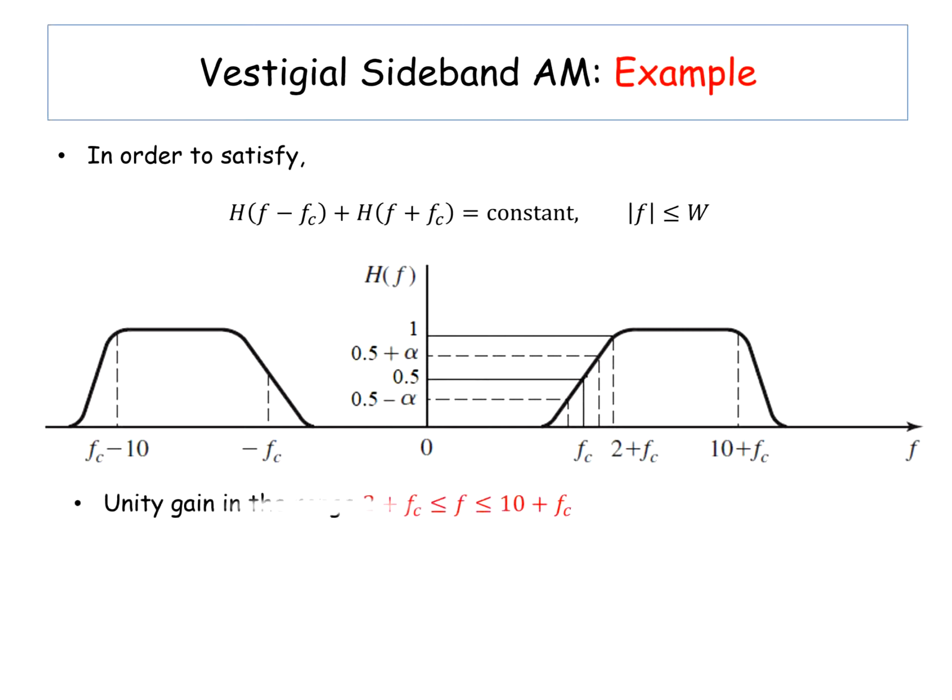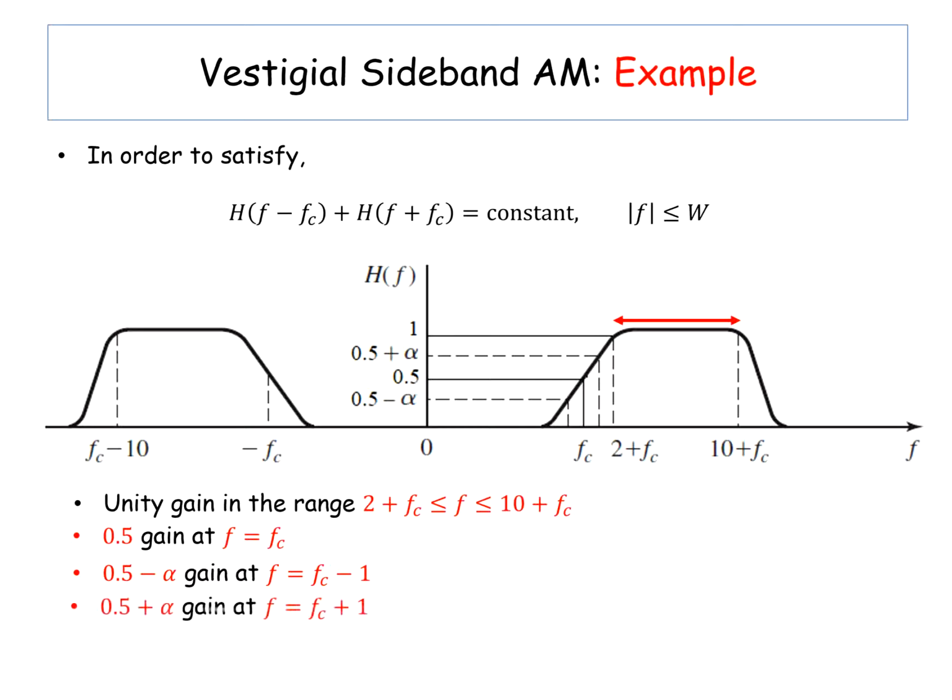The filter should have a unity gain in that frequency range, 0.5 gain at the carrier frequency Fc, 0.5 minus alpha gain at Fc minus 1, and 0.5 plus alpha gain at Fc plus 1. Here alpha is an arbitrary constant less than 0.5.